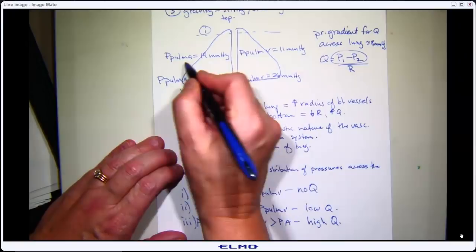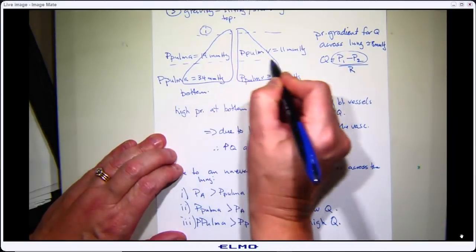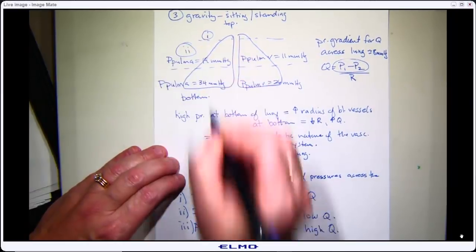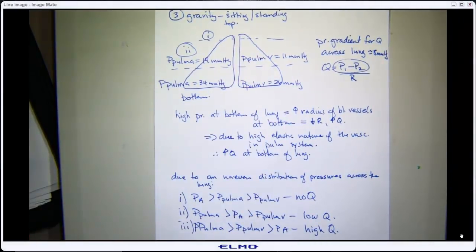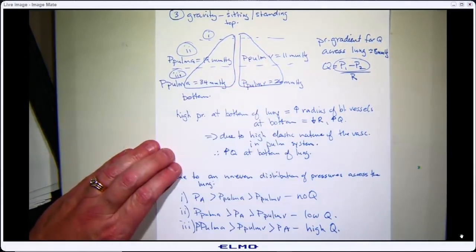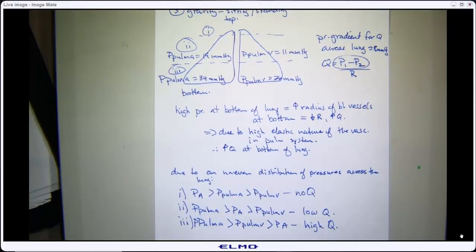Regions in the center, okay, when you're standing, we're going to get regions of lower flow. And then at the bottom is where we're going to experience regions of highest flow, okay? So high flow based on that change in radius, high flow based on the transmural pressure argument, okay?